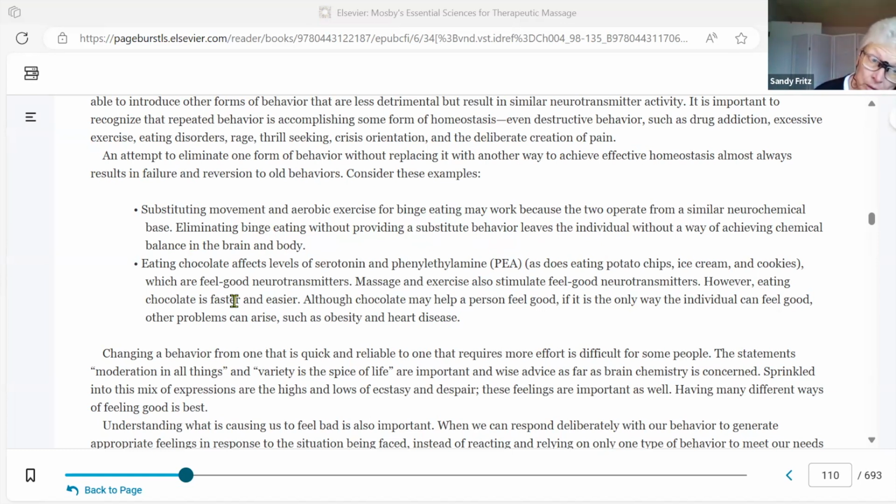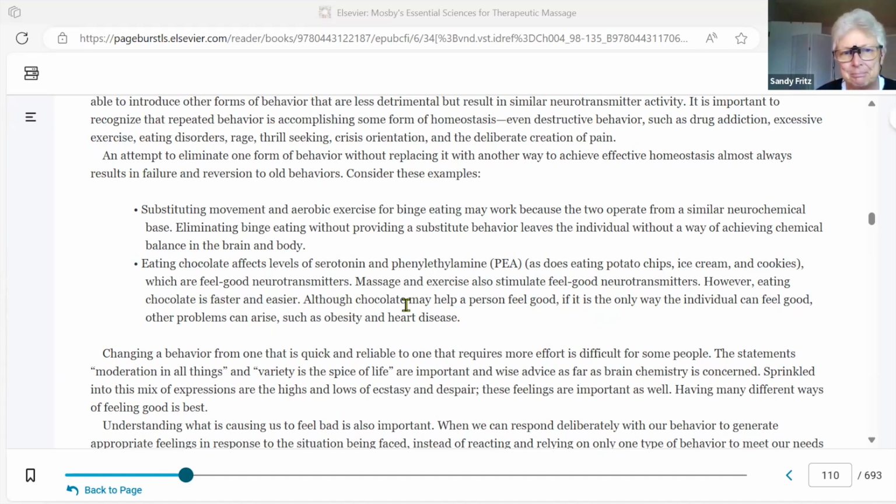Chocolate is another one. These are food behaviors. Chocolate affects serotonin, as do carbohydrates and fats. These are feel-good neurotransmitters, and massage also stimulates those. But eating chocolate is faster and easier, and it's not as expensive.